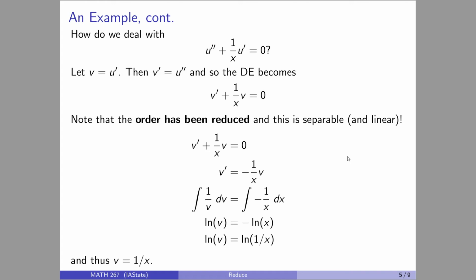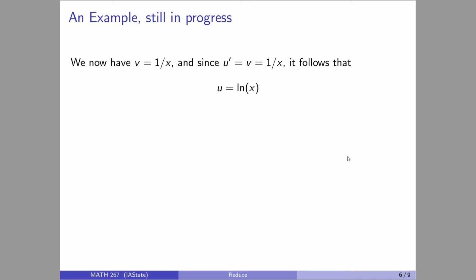Okay, so we did a bunch of work now. Let's remind ourselves what we're doing and why we're doing it. It's always good to pause and go, all right, I just did a bunch of stuff. Why'd I do it again? Okay, so we have now that v is 1 over x, and we know what v was. v was u prime. u prime is 1 over x, so that means that u needs to be log. Note, I'm not caring about constants, because what are we trying to do?